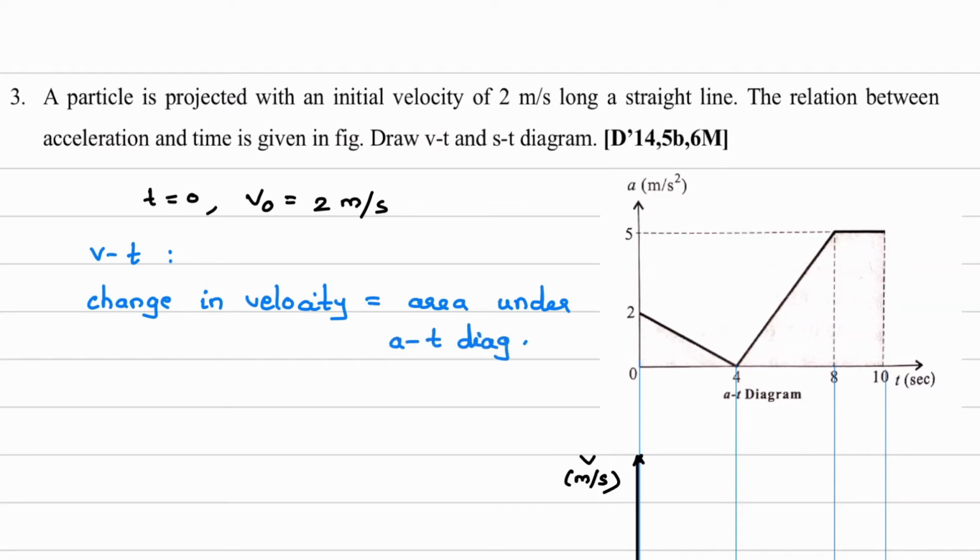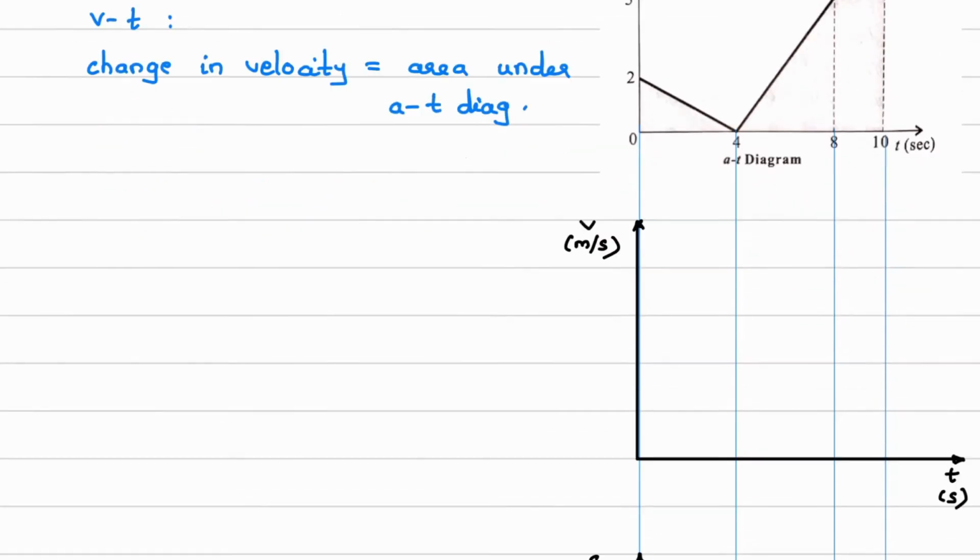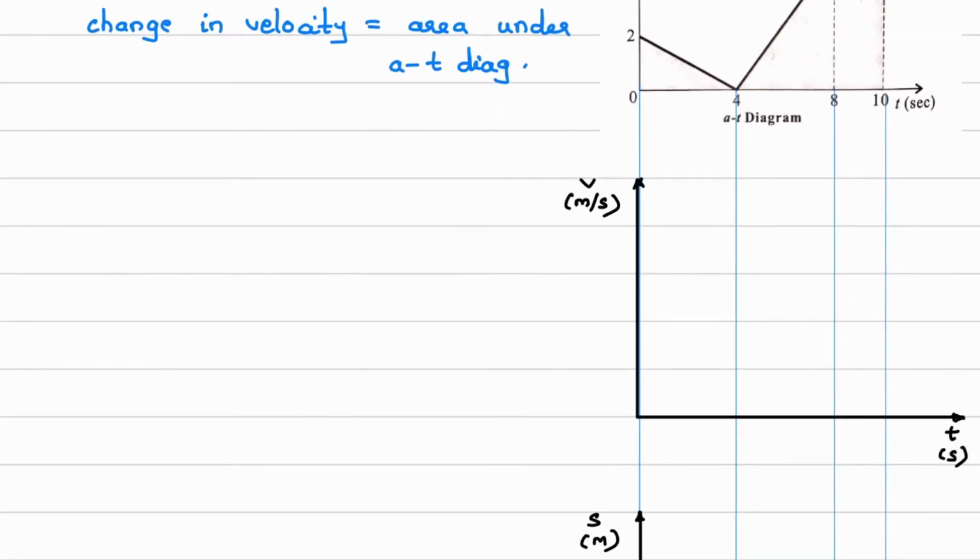What is change in velocity? We'll consider first time equal to 0. Already it is given V0 is 2 meter per second. So we can mark that.